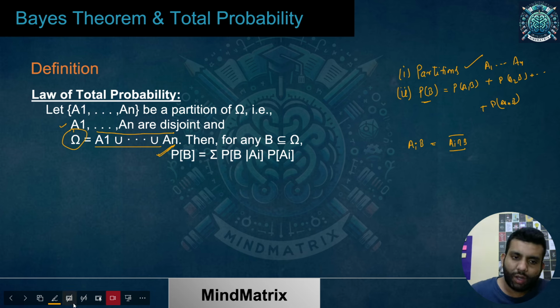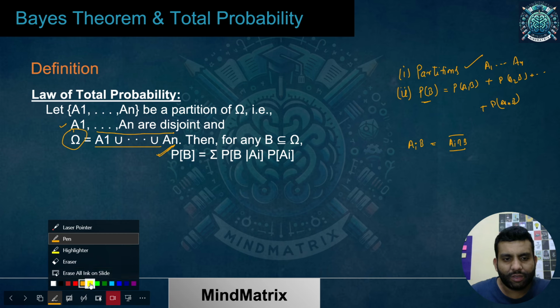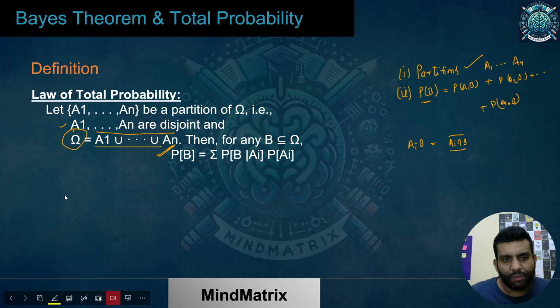Now I'm giving a proof here, which is important to understand how this comes about. P(B), I can write as P(B intersection sample space), because I know their intersection is going to be B itself.